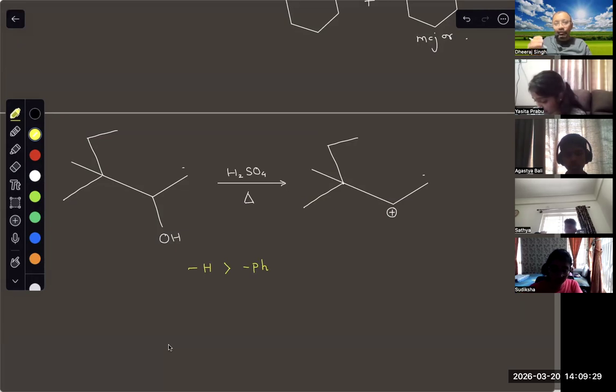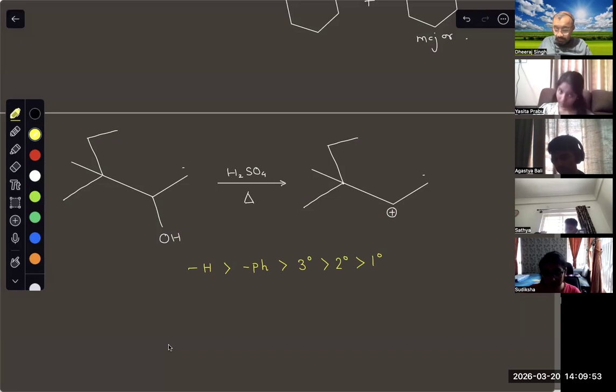Hydride, though it is so small, because of its size can shift very fast. Then if an alkyl shift has to happen, then 3 degree, then 2 degree, and then 1 degree. Let's not get into reasons every time. Just remember this.